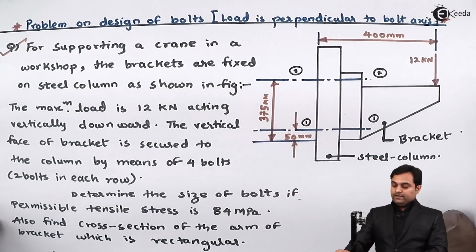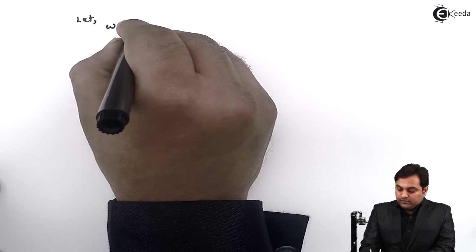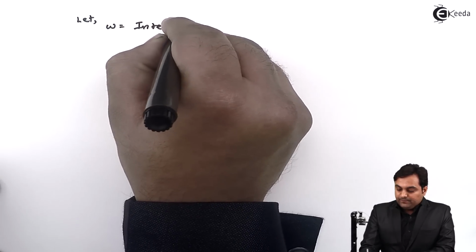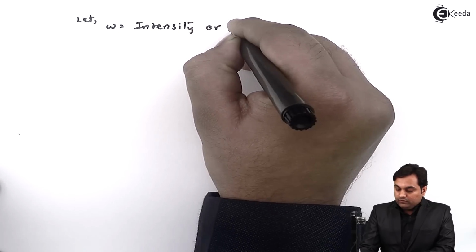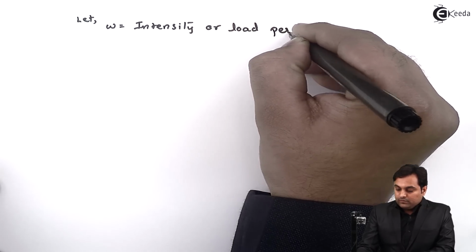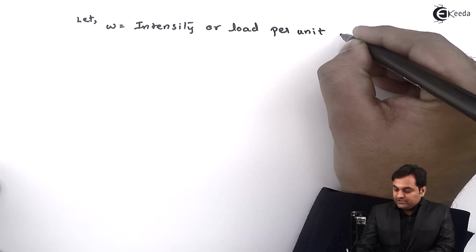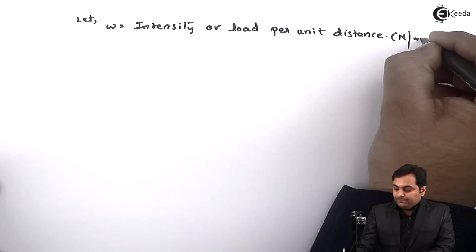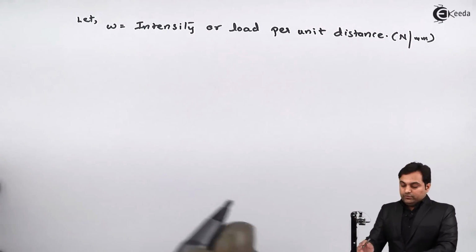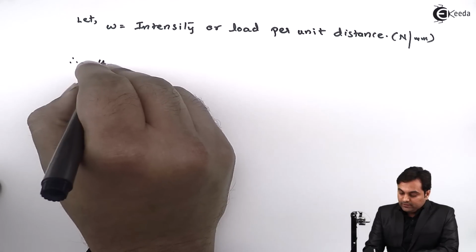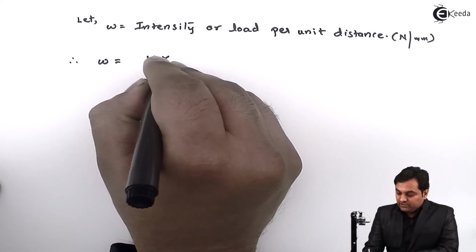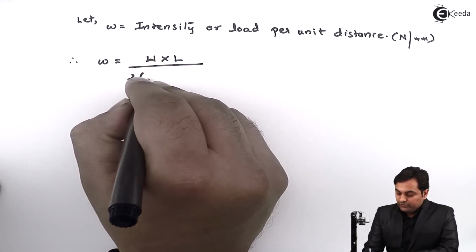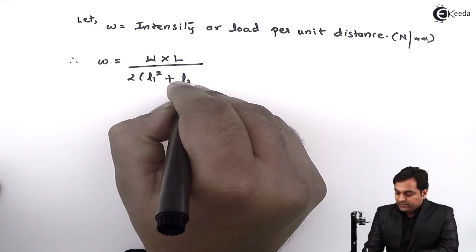So here I can say that let small w be the intensity or load per unit distance, that is in terms of Newton per mm. Now therefore W, the formula we know, it is capital W into L upon 2 into L1 square plus L2 square.